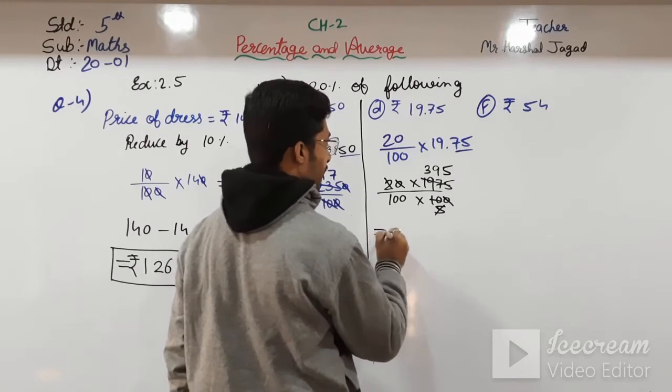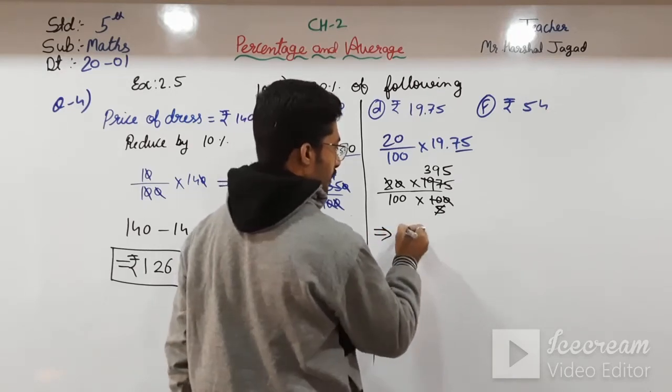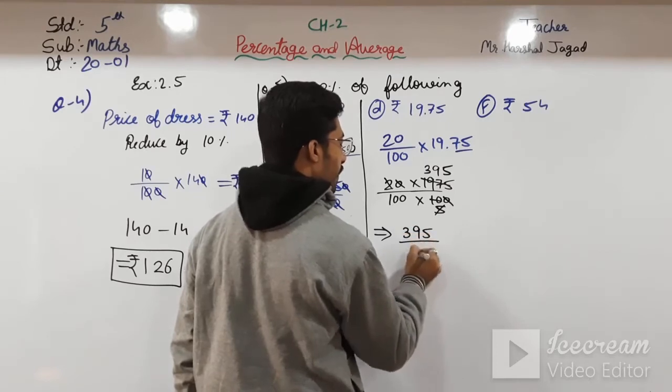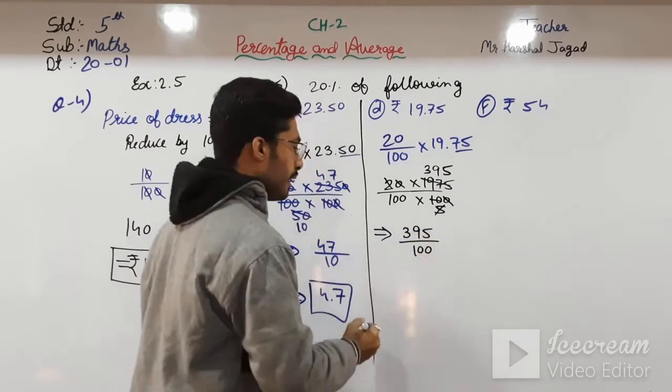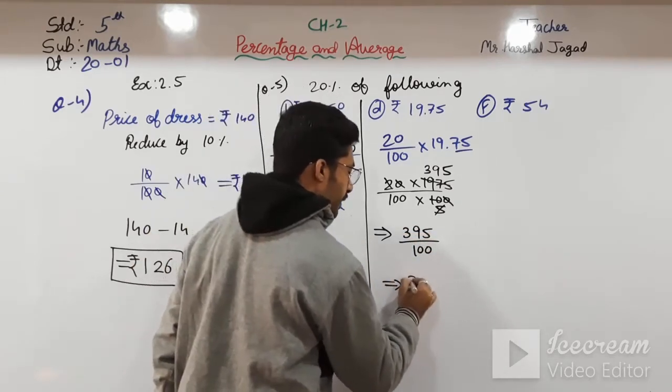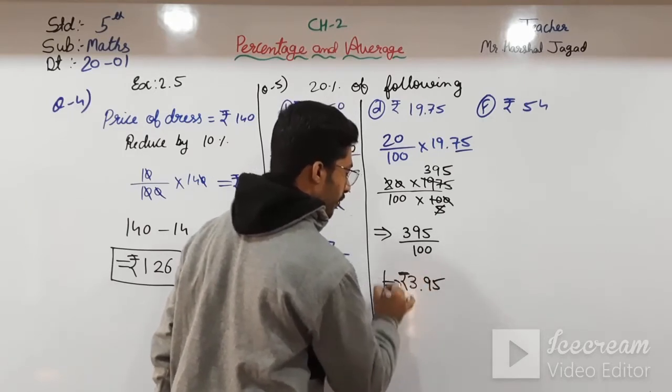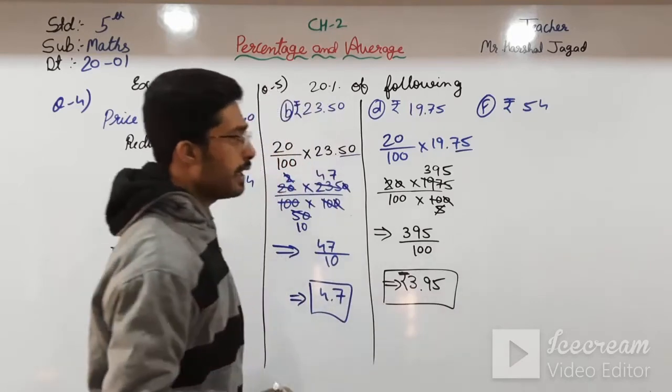Here we get 395 upon 100, so our answer will be 3.95 rupees. That is the 20%.